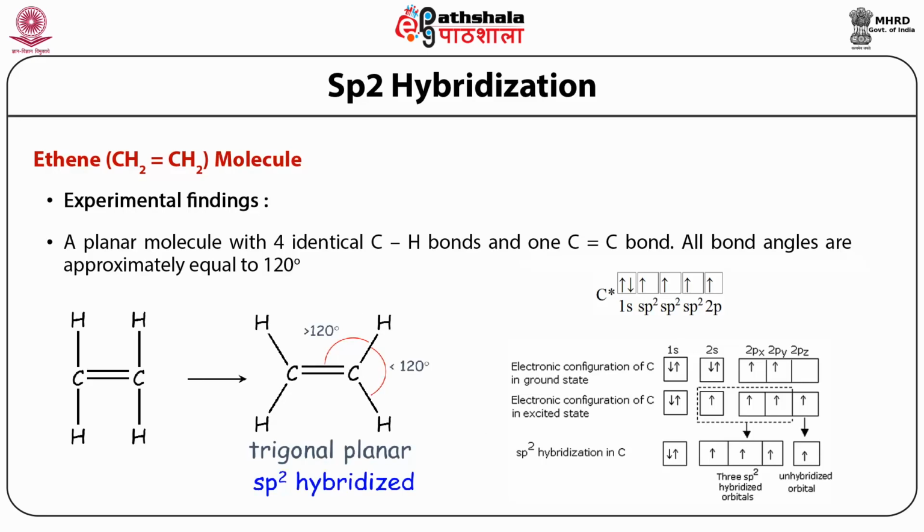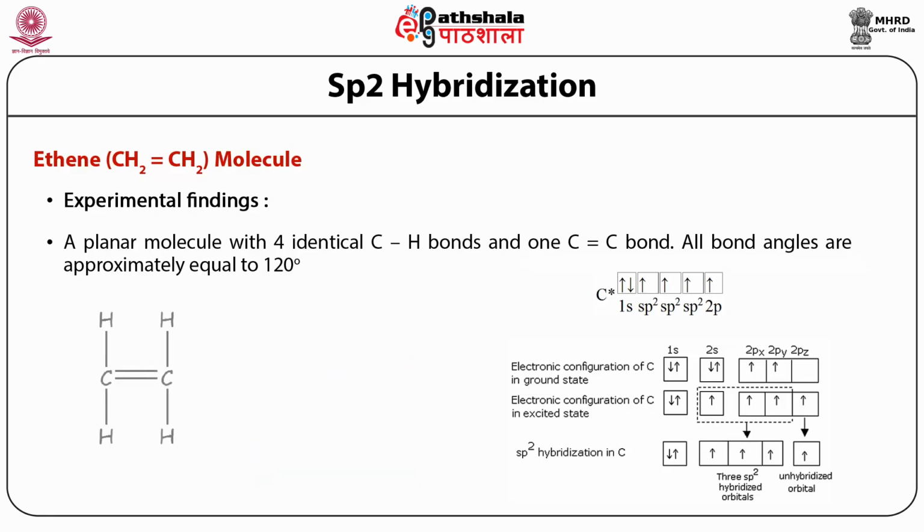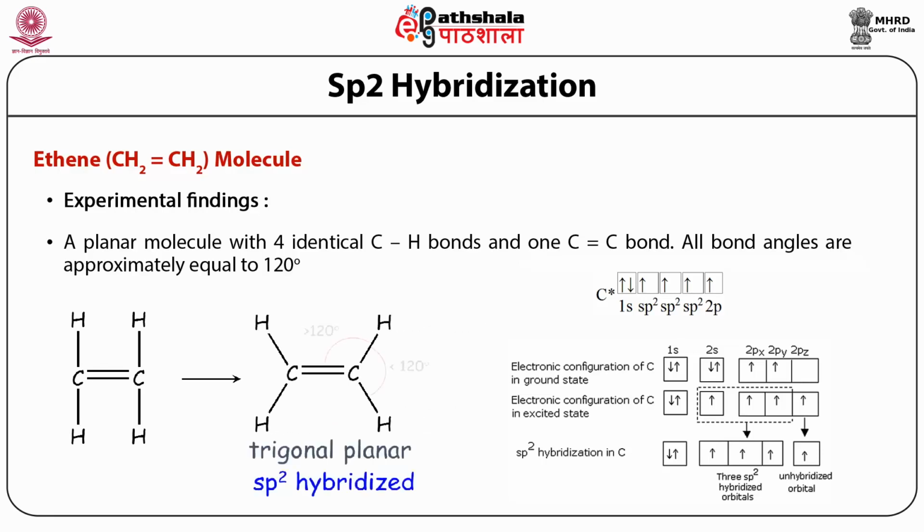The pi bond between the carbon atoms, perpendicular to the molecular plane, is formed by 2pz overlap. The hydrogen carbon bonds are all of equal strength and length in agreement with the experimental data.